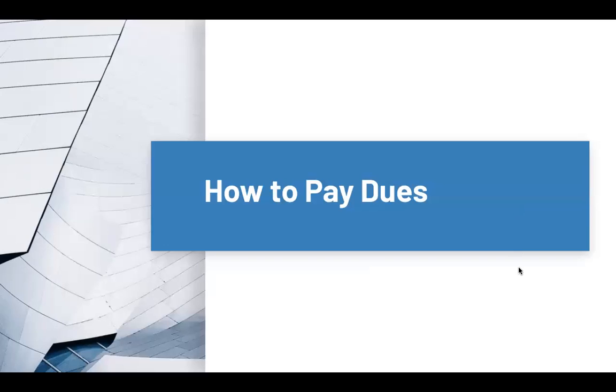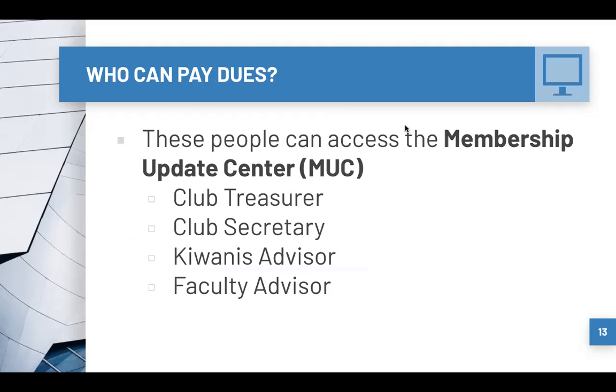A big important part of being a treasurer is being able to pay dues, so here's how to pay dues. It involves going to the Membership Update Center on circlek.org. The club treasurer, club secretary, Kiwanis advisor, and faculty advisor are the people who have access to the Membership Update Center.